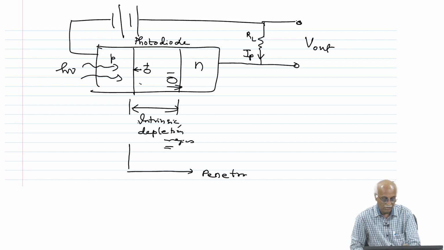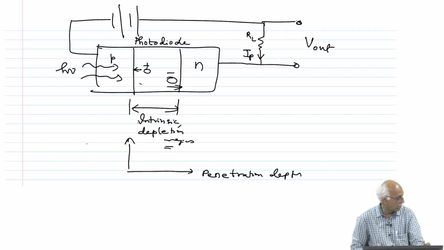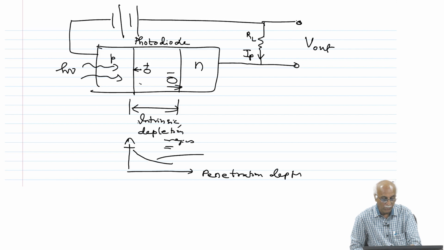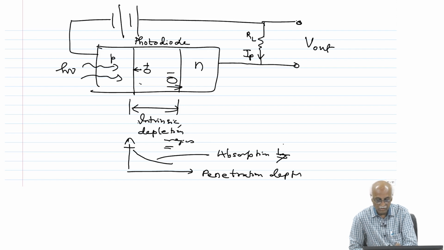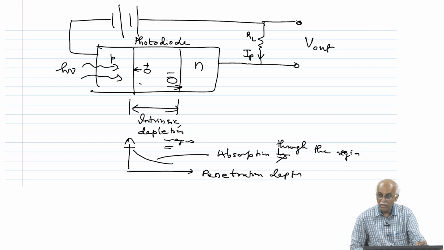As the intensity, the number of photons, gets absorbed as it passes through this material, depending upon the absorption characteristics of this material, the absorption through the depletion region will decide by how much the light will propagate through this.